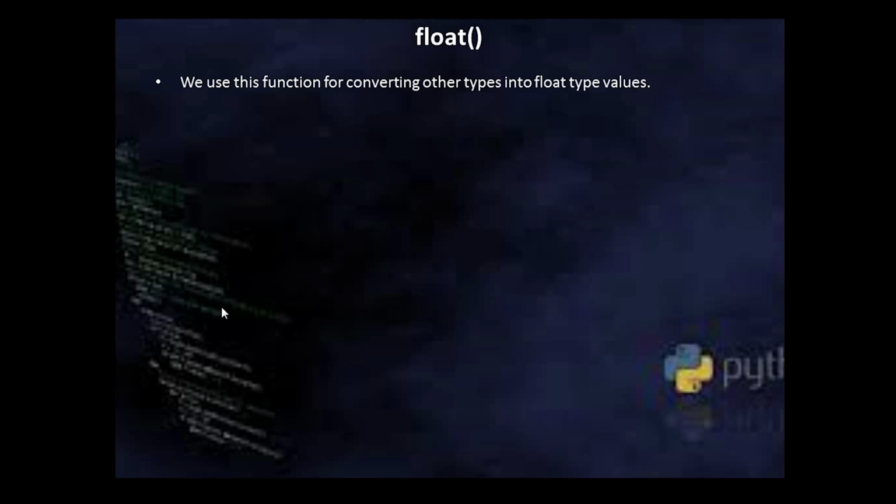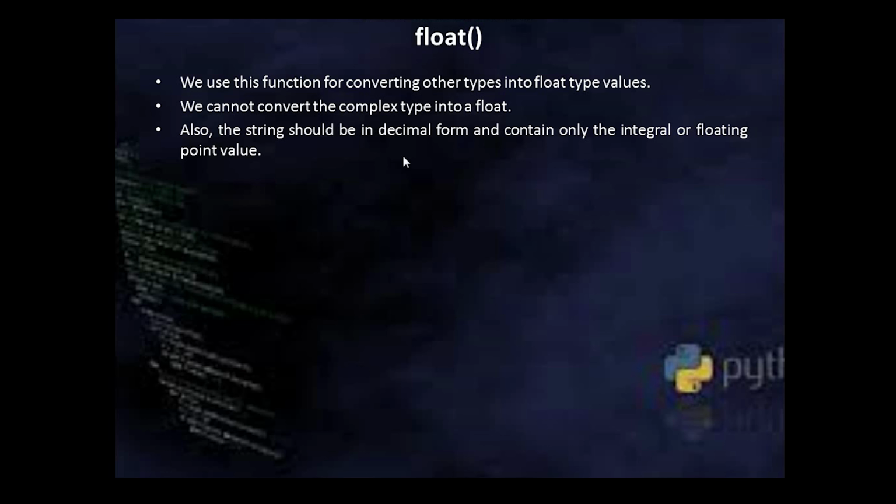Again, the string should contain a numeric value. Use this function for converting other types into float values. We cannot convert complex type into float. Also, the string should be in decimal form and contain only an integral or floating point value.